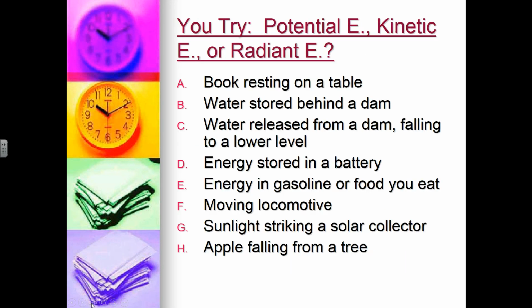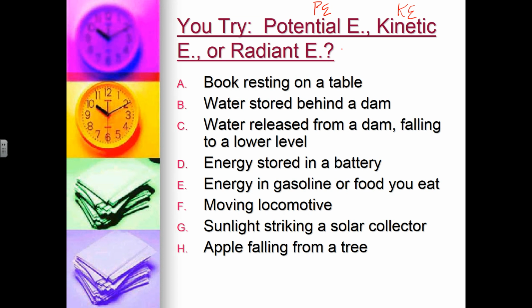So I want you to pause this video for just a little bit and take a moment to write these examples down in your notes. And then once you write these examples down, I want you to try to classify them as to whether they're potential energy. If you think it's potential energy, you can put PE. Kinetic energy, if you think it's kinetic energy, you can put KE.